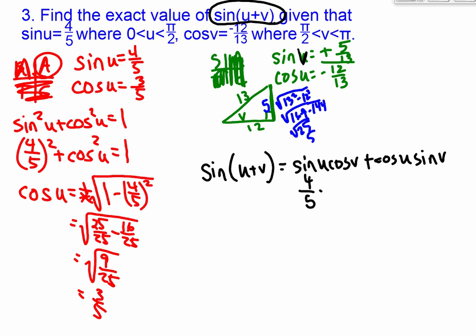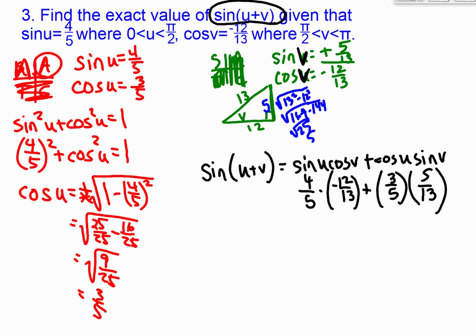These should be V's. Wow, I'm just all about mistakes today. And then cosine v is times negative 12/13, and then plus cosine u, which is 3/5, and sine v, which is 5/13.